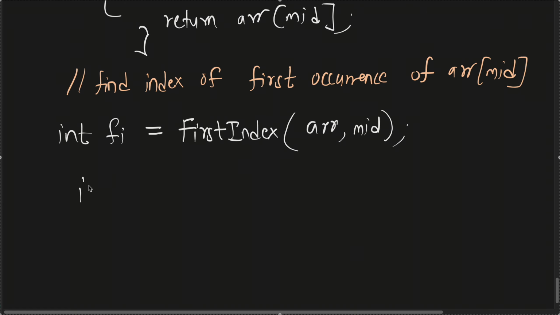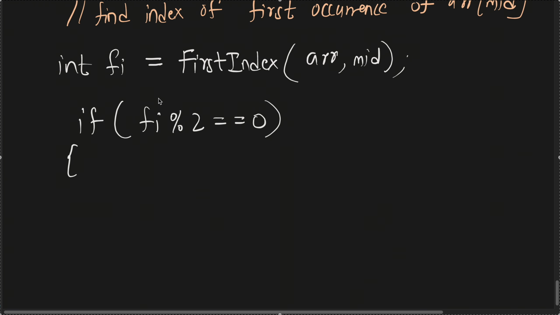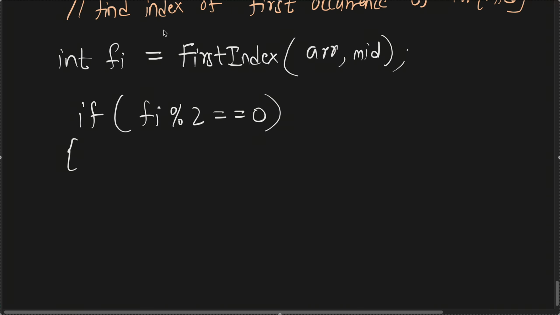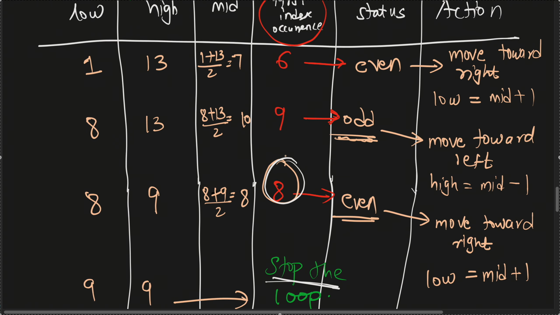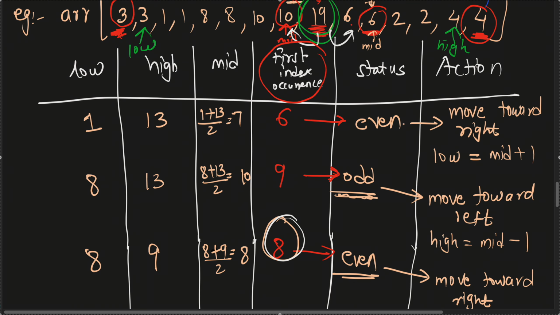Now if fi modulus 2 is equal to 0, that means the first index of that occurrence is even. If it is even, we have to move towards the right.